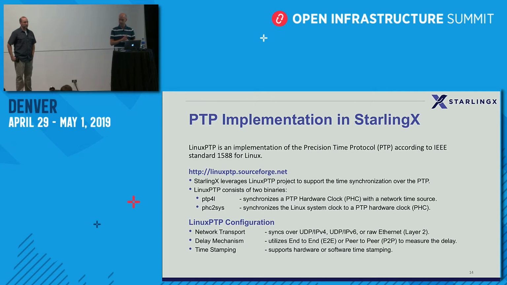And the last configuration point that also affects the accuracy of the PTP is whether it is hardware or software timestamping. Software timestamping means that you get your timestamp from the application itself, from the PTP for Linux binary.